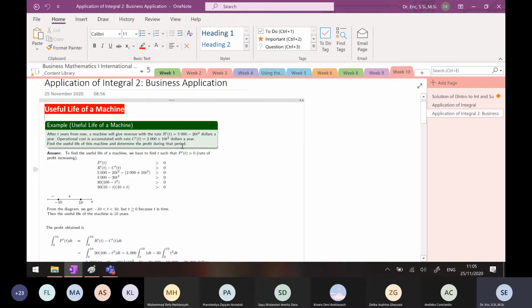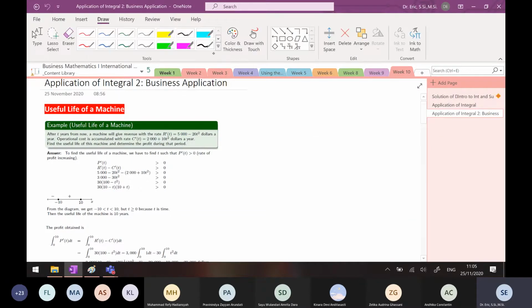So this is how you do it. What we usually call the useful life of a machine: my profit function can go up and down. If the profit is still going up, someday the profit, this is maybe t, this is profit P, will be going down, a decreasing function, but it's still positive because it is above the x-axis.